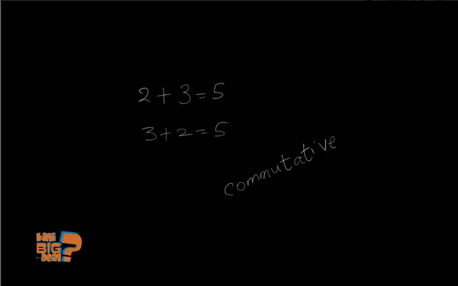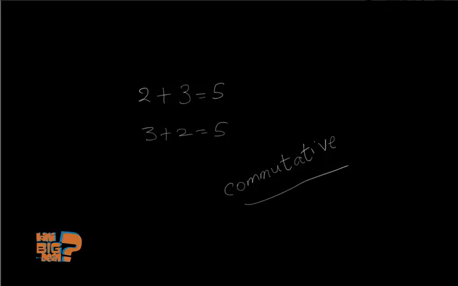But the idea is that if you have something like 2 plus 3 equals 5, there's a property that also makes 3 plus 2 equals 5. It's called the commutative property. It means arrangement doesn't matter.